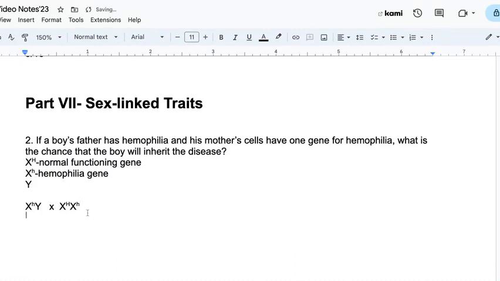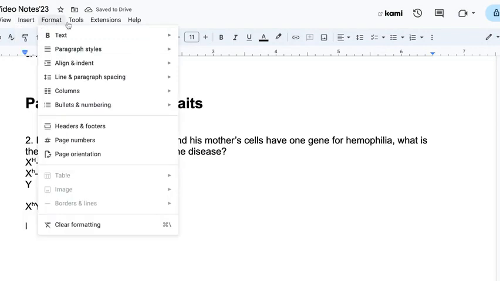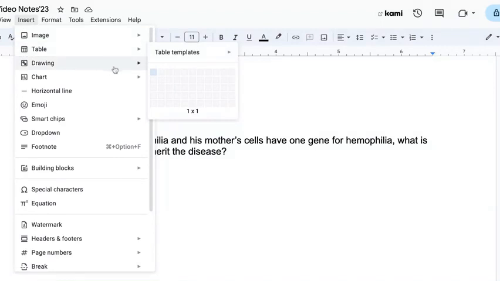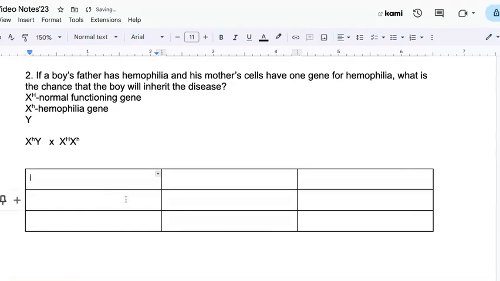So you would draw your Punnett square. Let's see if I can draw a table for us. Sorry, it's taking me a little longer than I had hoped.